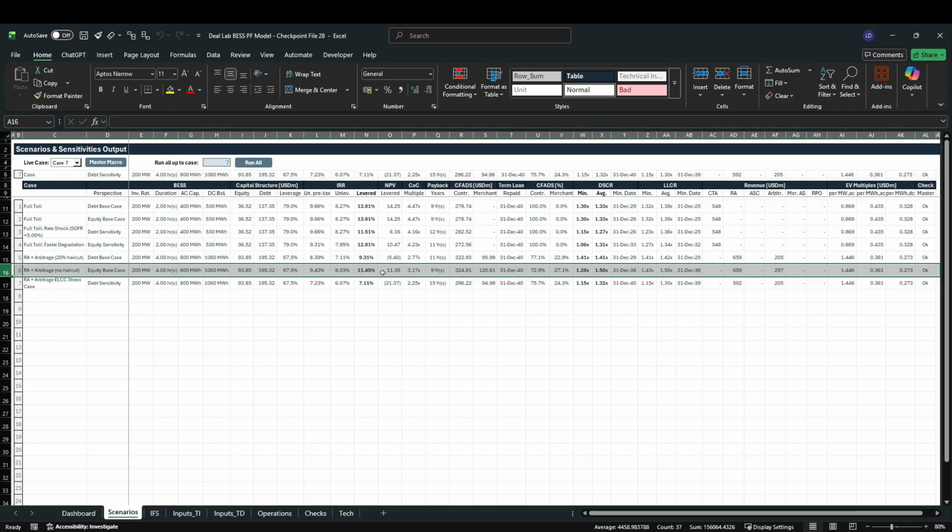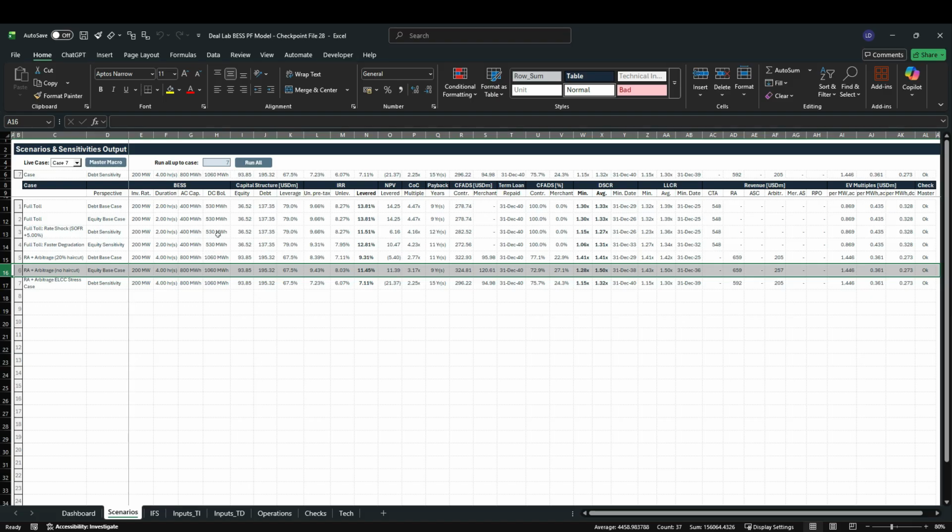So for this structure in our monetization pillar 1, you will notice that our equity still hurdles at above 10%. So we still achieve an equity IRR above 10%, resulting in an NPV of 11.39 million.